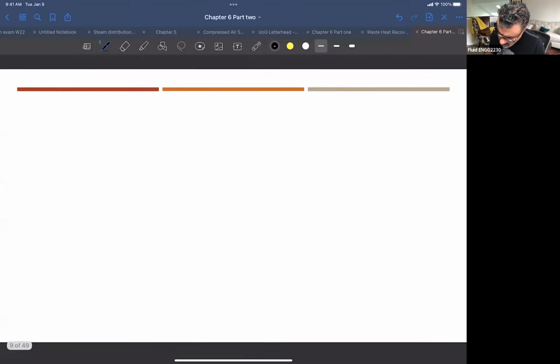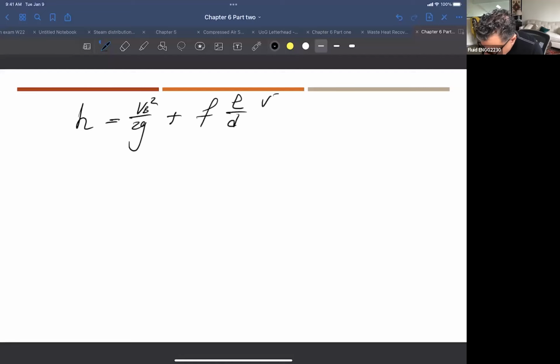So in this case, we have H equal to V square over 2G at point B, which is the same velocity, plus losses between A and B, which is f L over D V square over 2G, right?